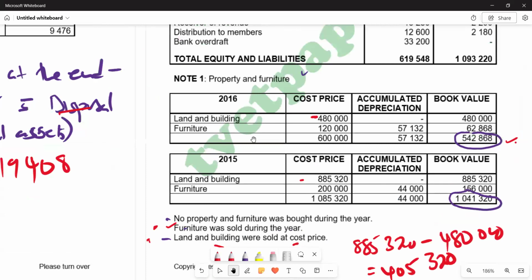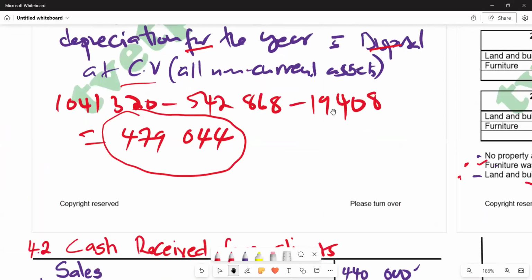So we are now saying 479,044 subtract the figure for proceeds from sale of land and buildings, which is 405,320. And then the figure that we are left with now is proceeds from furniture.